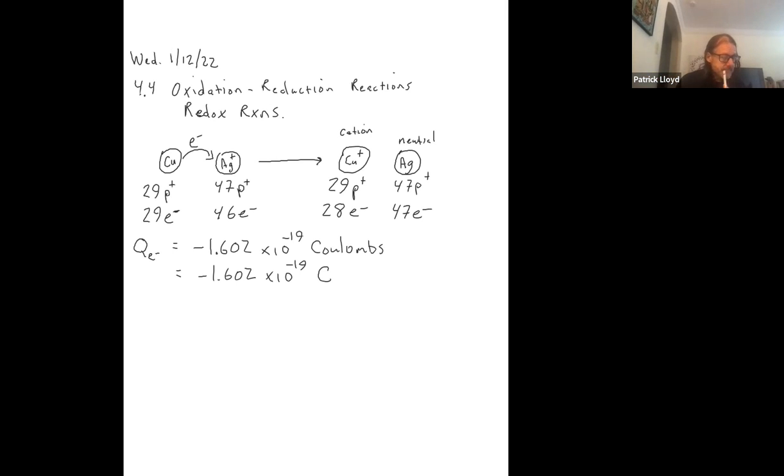Now, what I'd like to do is note that because charge is what we would say quantized, we don't have charges that are less than this, a half of that or a third of it, with the electron and the proton. Typically what we will do is then we will say that the charge of the electron is just the smallest it can be, but it's negative. So we just say it's -1.